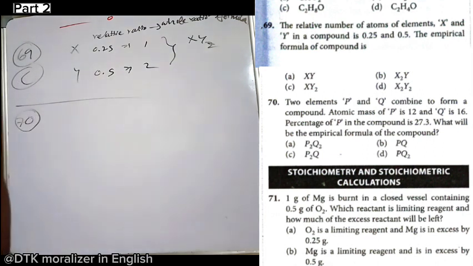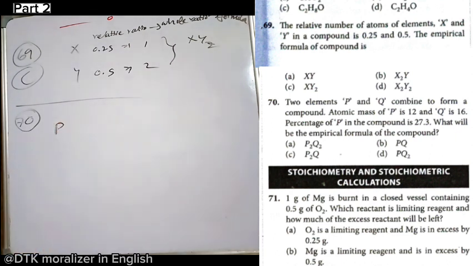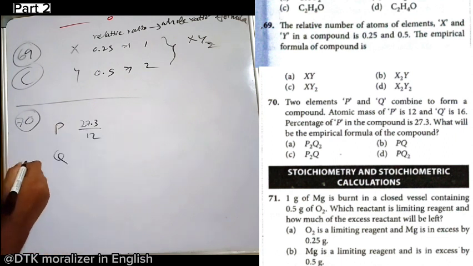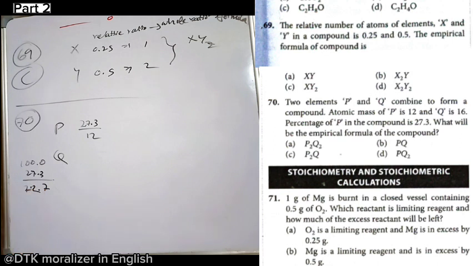Now as you can see in question 70, two elements P and Q combine to form a compound. Atomic mass of P is 12 and Q is 16. Percentage of P in the compound is 27.3. What will be the empirical formula of the compound? Here, P and Q. 27.3 by 12. Here Q's percentage is not given, so we obtain it by subtracting from 100.